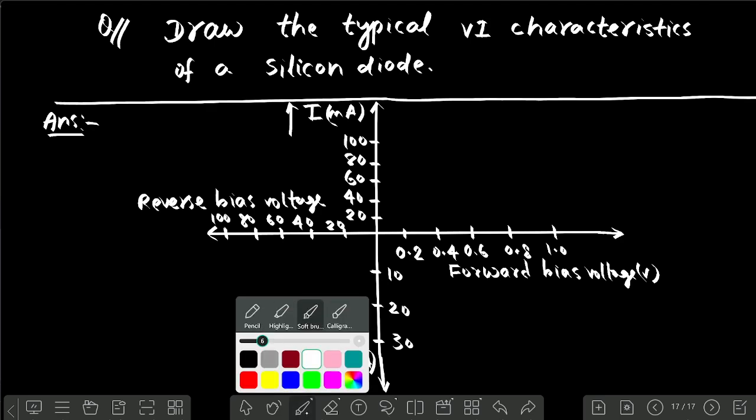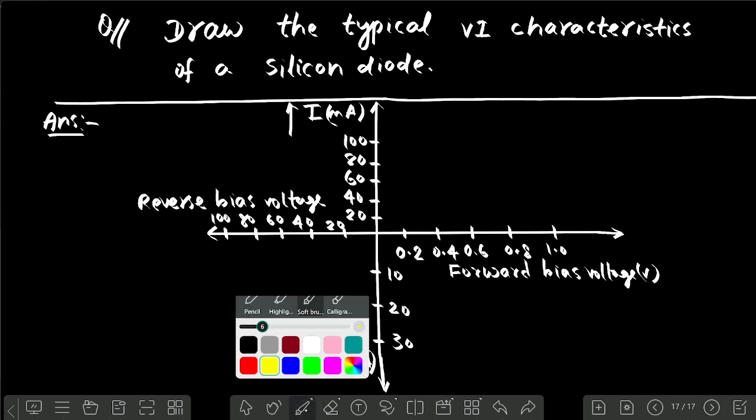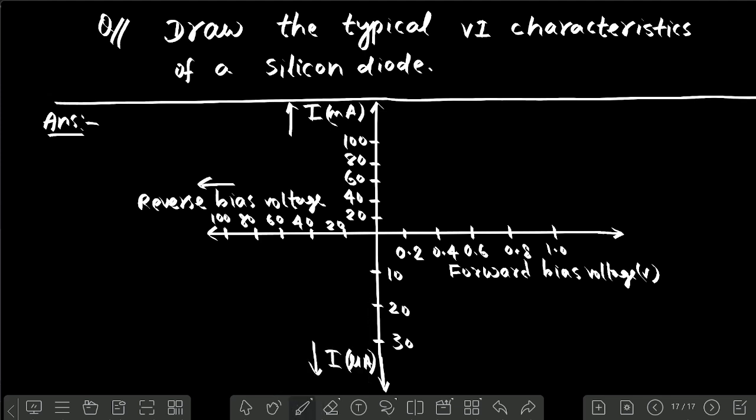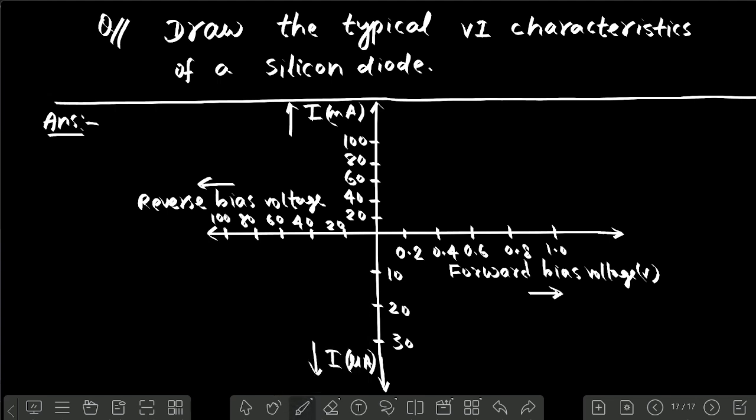Now draw the diagram. How to draw the diagram? Here for a silicon diode, your barrier potential is 0.7. Up to 0.7 the current will be 0. From 0.7 the current will be increasing. You can show that in a yellow color graph.